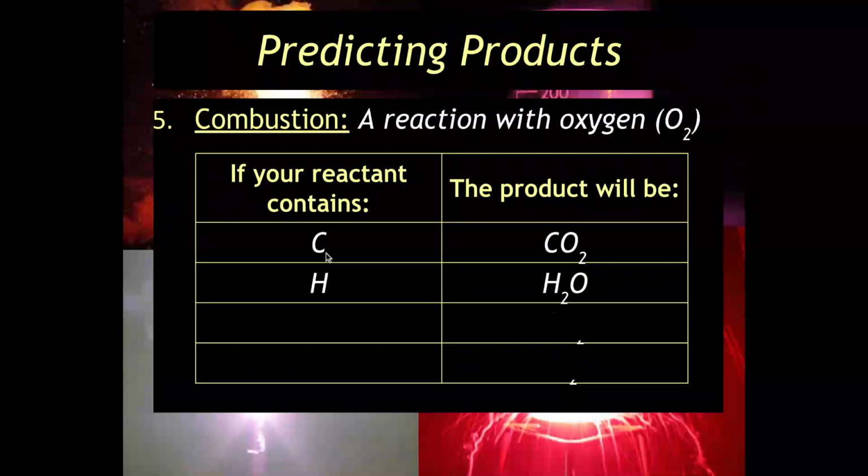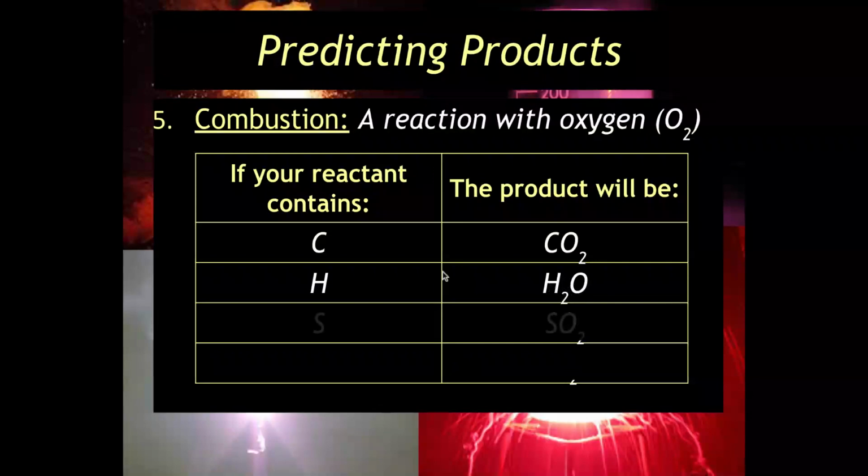If one of the reactants contains H for hydrogen, then one of the products will be H2O, which is water. If one of the reactants is S for sulfur, then one of the products will be SO2. And if one of the reactants is N, then one of the products will be N2.